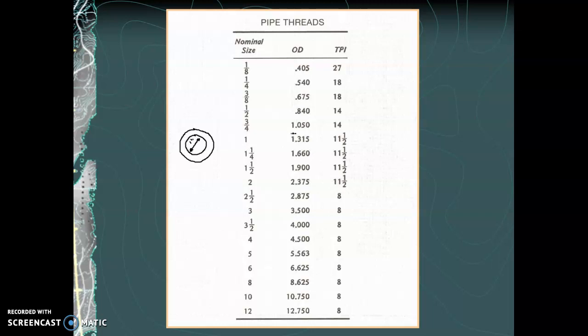We can see here that the outside diameter is considerably larger, and that's because of the wall thickness of the pipe. So the outside diameter of a 1-inch pipe, and that 1 inch is just nominal, it might be slightly different than 1 inch, but it's approximately 1 inch. But the outside diameter is 1.315, and that's where the threads would be on the pipe. And then you can see the corresponding number of threads per inch. For a 1 inch, it's 11.5.